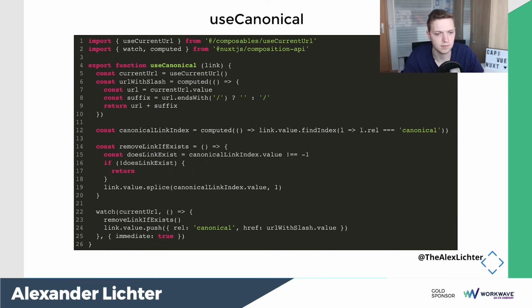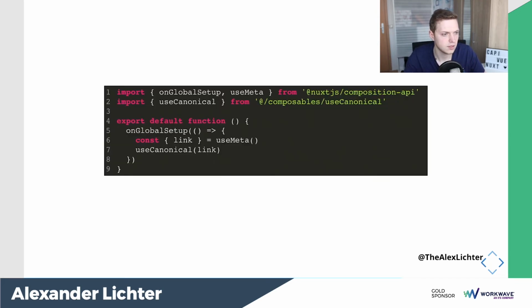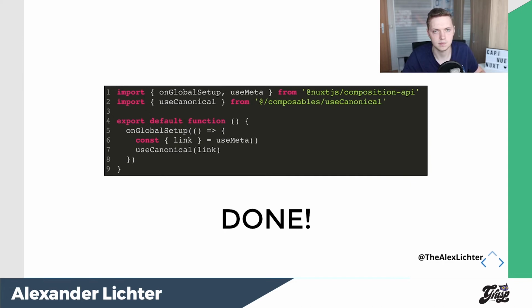Okay, and then we have our next plugin, and we say on global setup, const link equals useMeta. So here we get our link array, or a ref containing that array, from useMeta, and we pass it into useCanonical. And that's it.